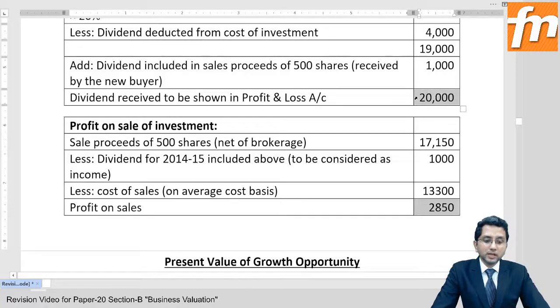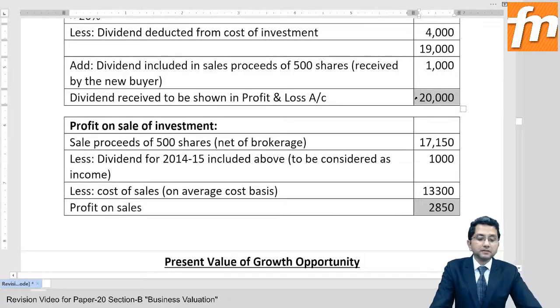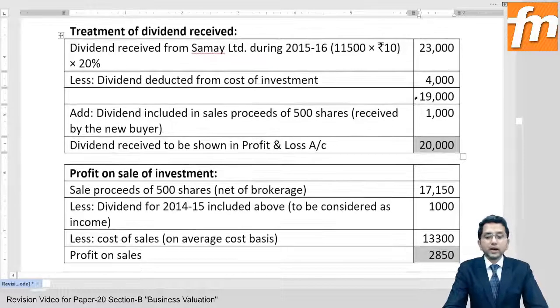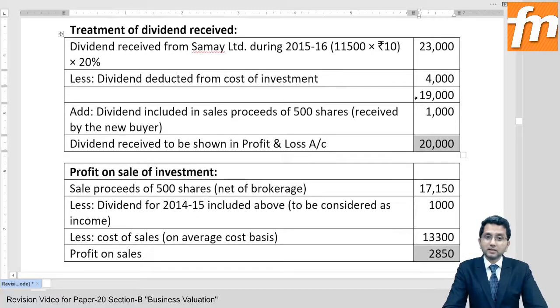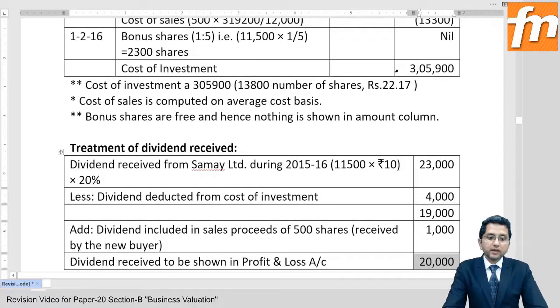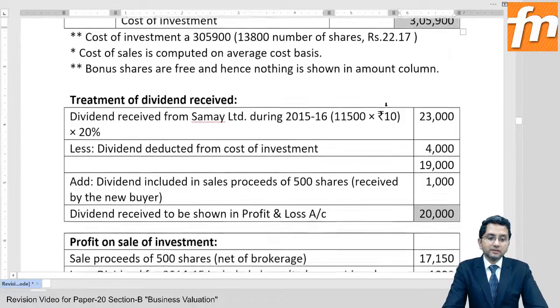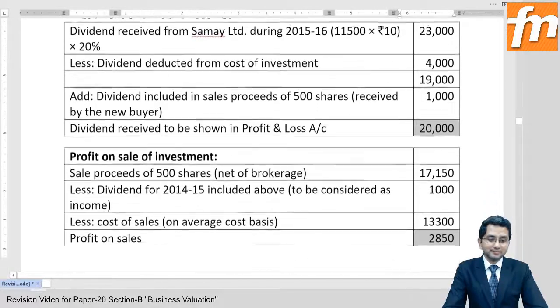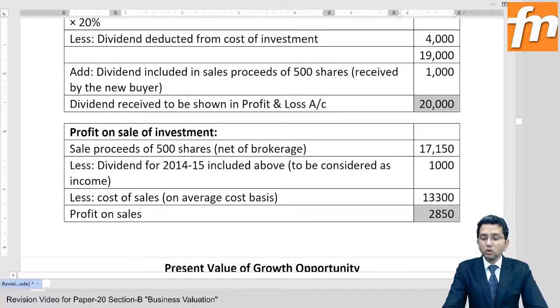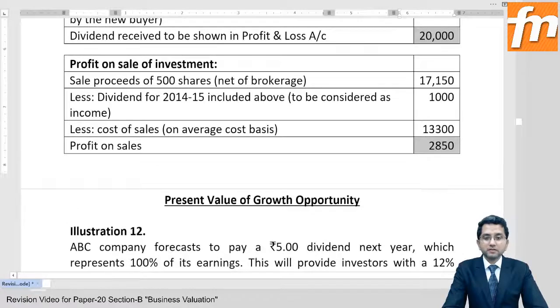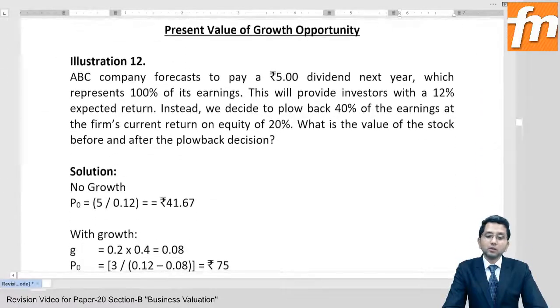Dividend income 20,000. Profit on sale of investment 2850. These two items will find place in profit and loss. And in the balance sheet, the value shown will be 3,05,900.